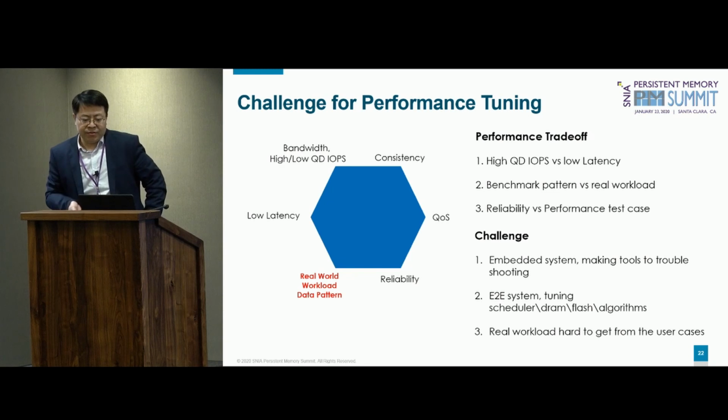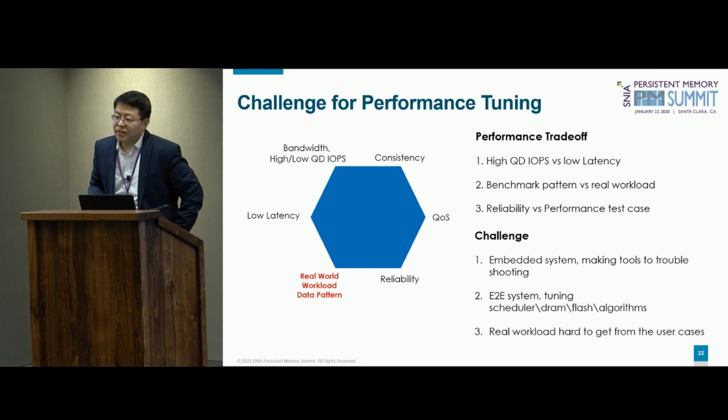That's why we started to think about how we perform the tuning, and whether there is a better way to do that. We thought it might be a good idea to put intelligence into the devices and make those devices smart enough to predict IOs from the host side.